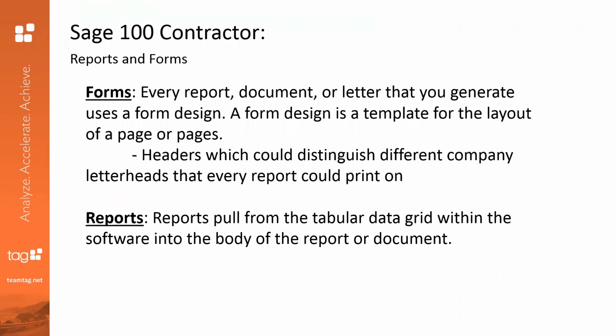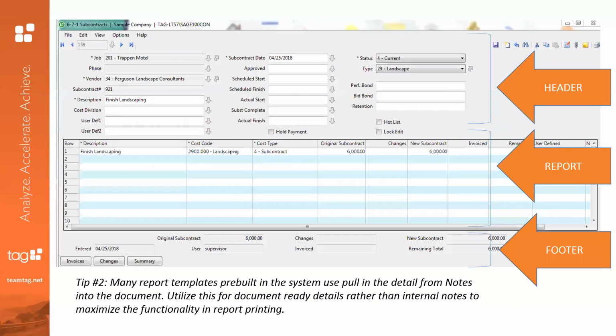So every report, whether you're looking at a purchase order or an invoice, has specific parts, and the form specifically refers to the header and the footer of that document. When you're talking about the report portion of that document, you're talking about that tabular data grid within the software, and that gets pulled into the body or the center of that report or document. And we'll show that here.